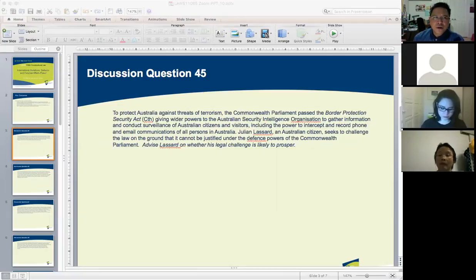So you need, this early, to be able to clearly identify what the legal issue is. You're going to have to say that if this law is valid under whatever, the defense power or the treaty affairs power of the Australian Commonwealth Parliament. The reason why it has to be specific is because the moment you identify the legal issue, it allows you to identify what the relevant legal rules or legal principles are.